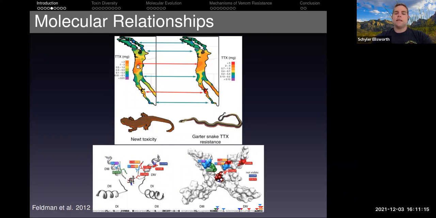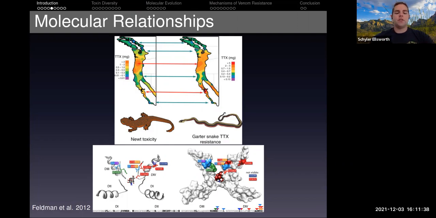And so where we see more of this toxicity in newts, we see a higher toxin resistance in the garter snakes, as they are in this co-evolutionary war of who can eat who and defend against who.